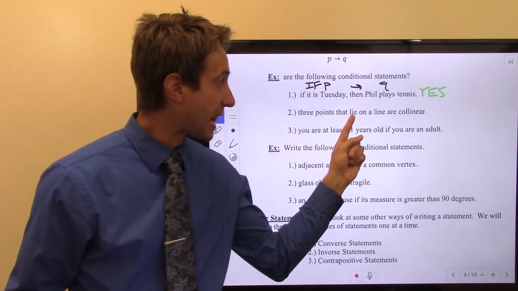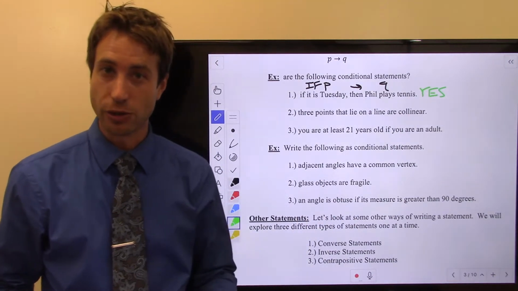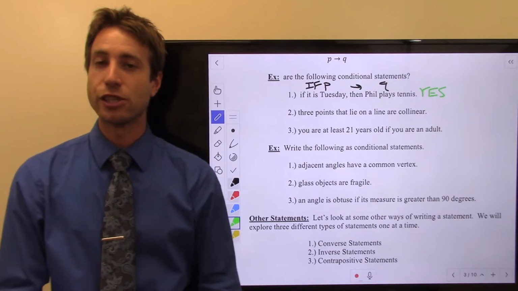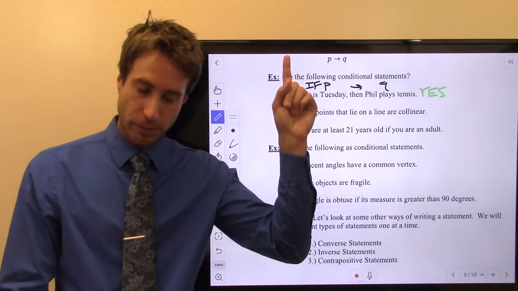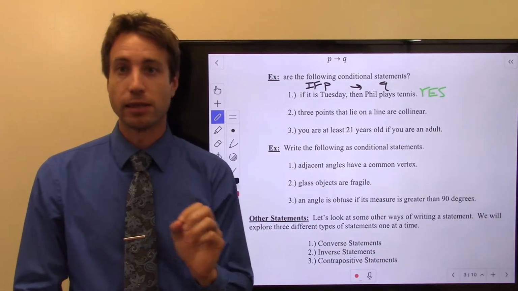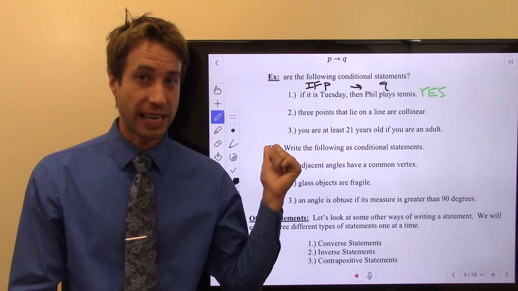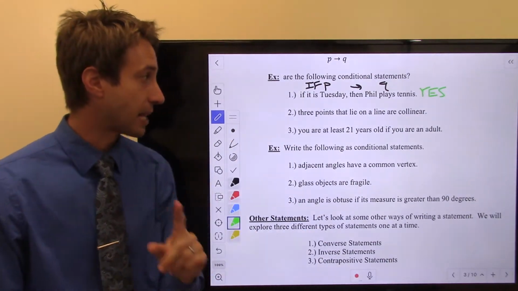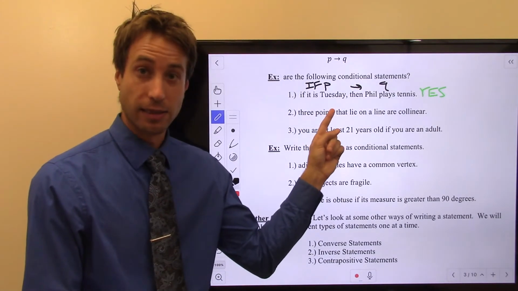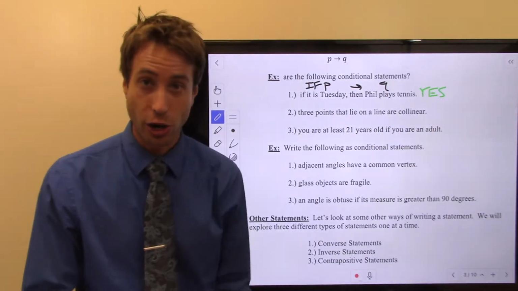Let's try the next one. Three points that lie on a line are collinear. Is this a conditional statement? Careful. Just because a conditional statement generally uses the words if and then does not mean that it has to use them. In fact, you could put an if and then in here and still have the same statement. If three points are on a line, then they are collinear.